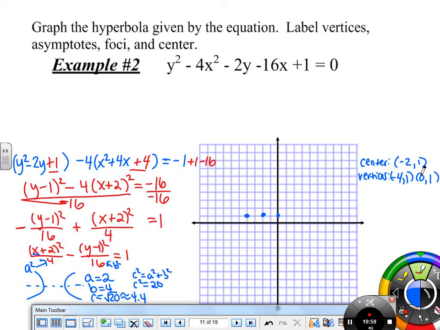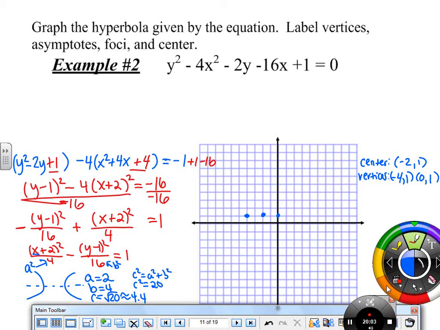Now I want to go ahead and put in my asymptotes so I know how wide to draw my curve. And like we talked about before, a way we can quickly get all the points for the asymptotes is to use our b value and go that distance of 4, as if we were making an ellipse with co-vertices out in this other direction. We don't need to label those points. We're just going to use them to give us a picture of where our asymptotes go.